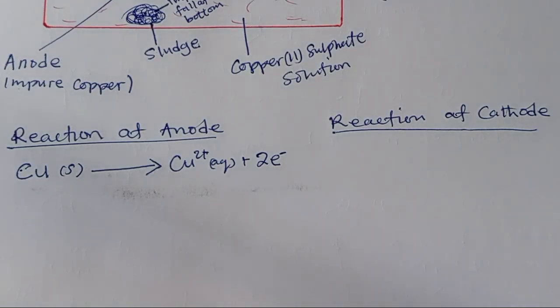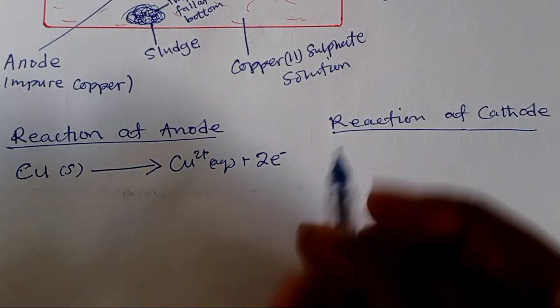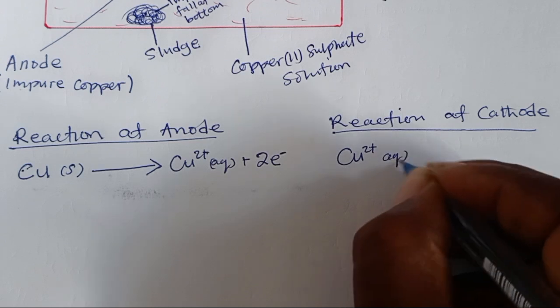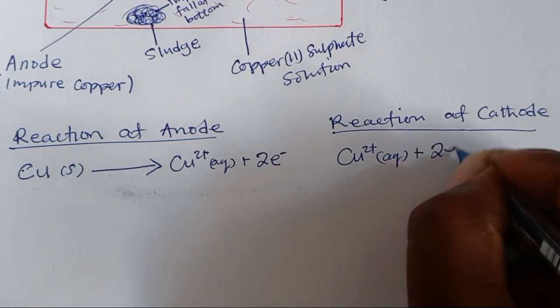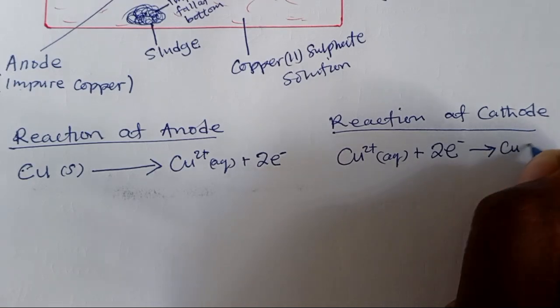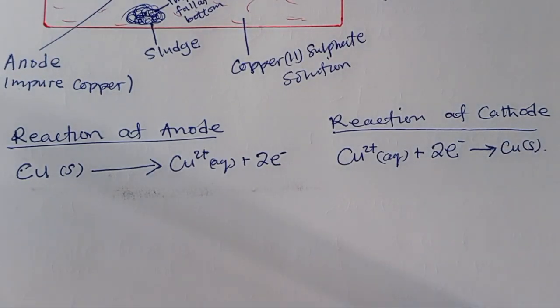That is a balanced equation. Then the reaction at the cathode. Remember that the cathode is receiving the copper ions, forming solid copper. So we have copper ions forming copper. These are the two reactions taking place at the anode and at the cathode.